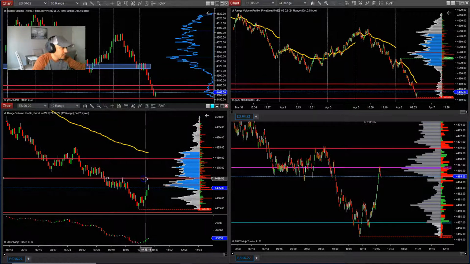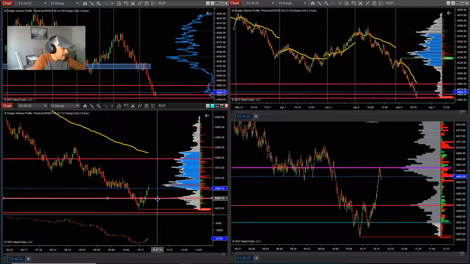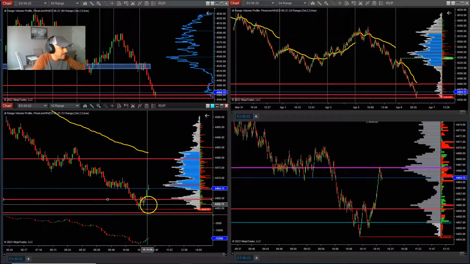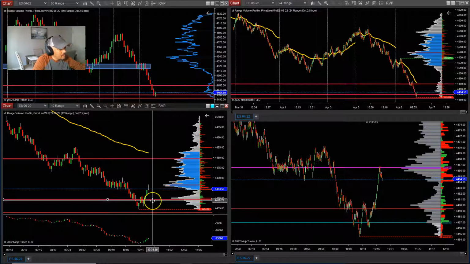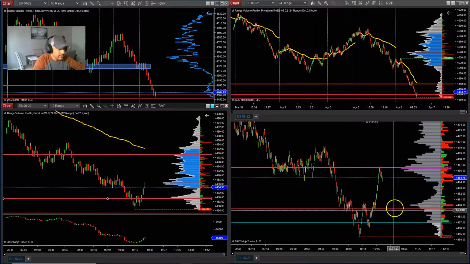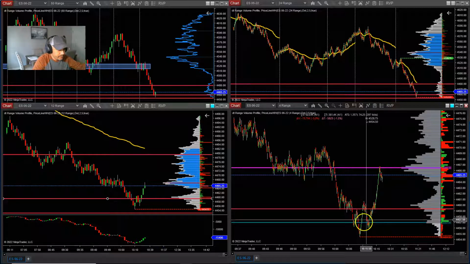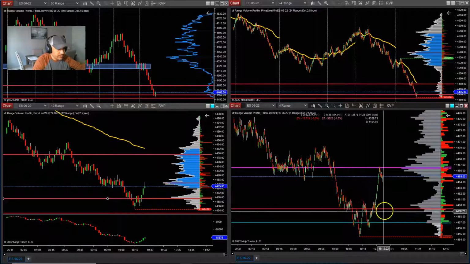Price can come right to this area here, somewhere in this area right here, and can bounce. Let's see what happens, which will be right here on the 4 range. You can see it here.